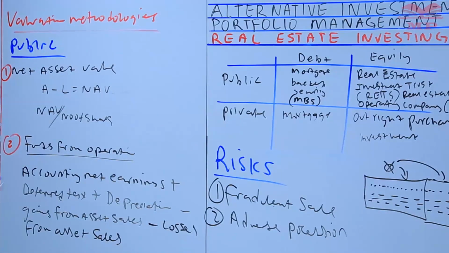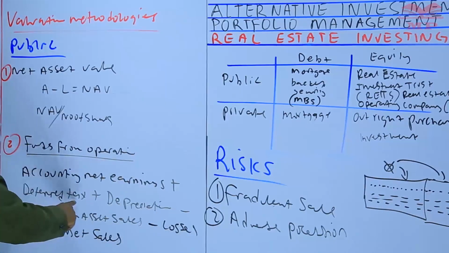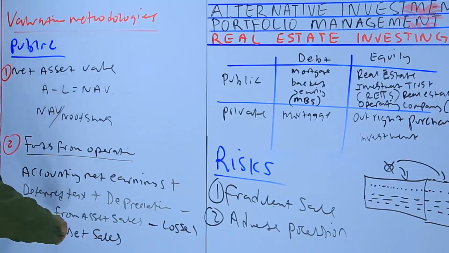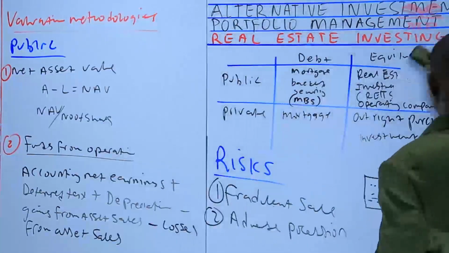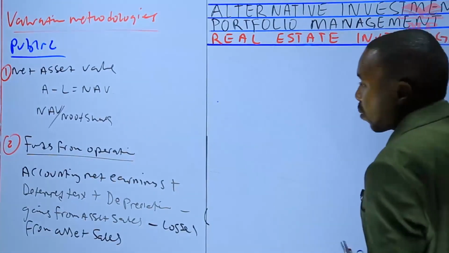So this is how we get funds from operations: we get the accounting net earnings, add deferred tax, add depreciation expense, and then adjust for gains and losses from asset sales. That's the second approach, funds from operations.